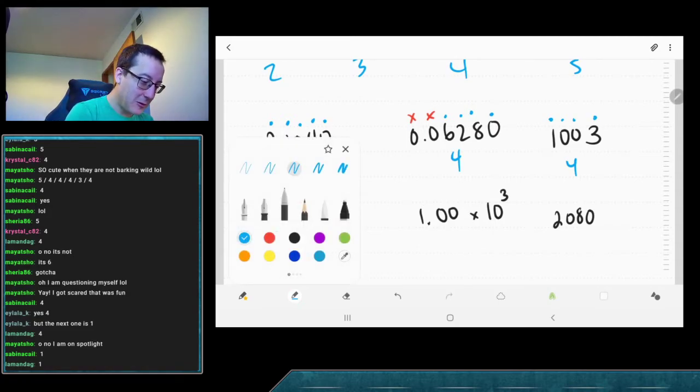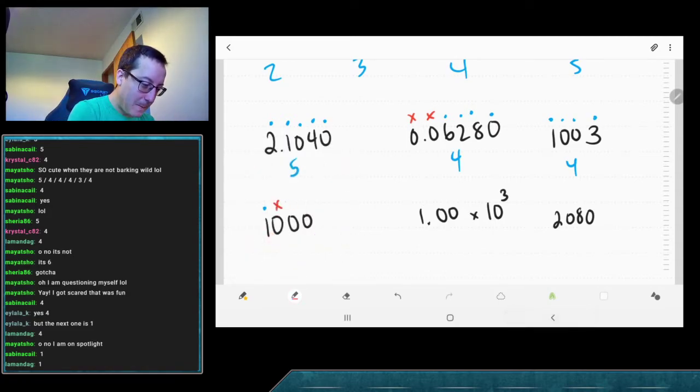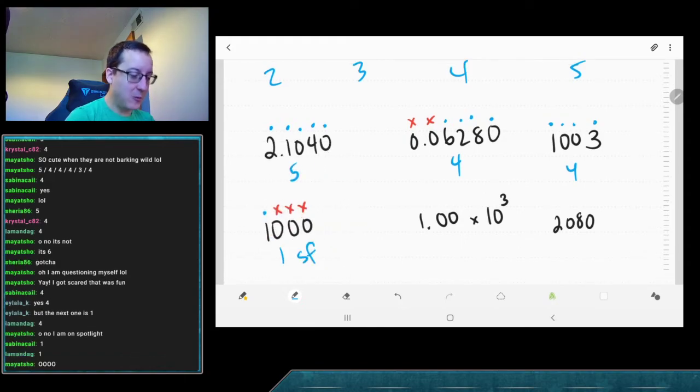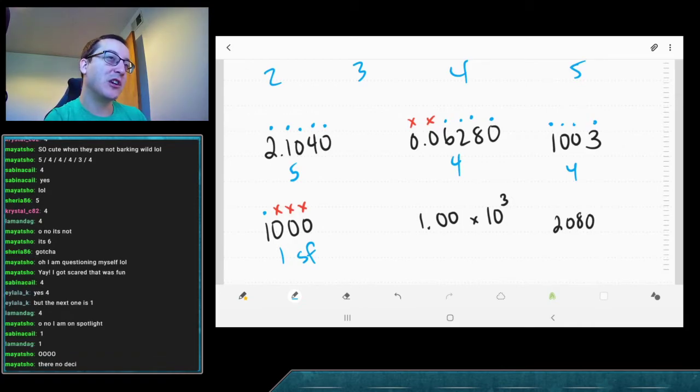So no decimal means those three do not matter for significance purposes. So we only have one sig fig here. And so, Maya, those 4 zeros that you just wrote in chat also are not significant because there is no decimal. So, I know they're 0's. Yeah, exactly. No decimal means not significant.